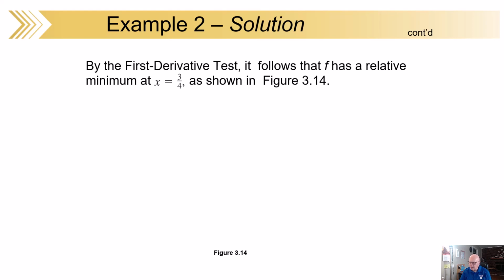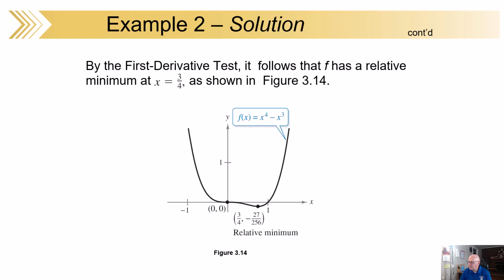So from that we can learn that f has a relative minimum at 3/4. And here's a picture. This is our function that we've been working with for a few minutes here. Notice that our derivative is negative here because it's going downward. It continues to go downward.